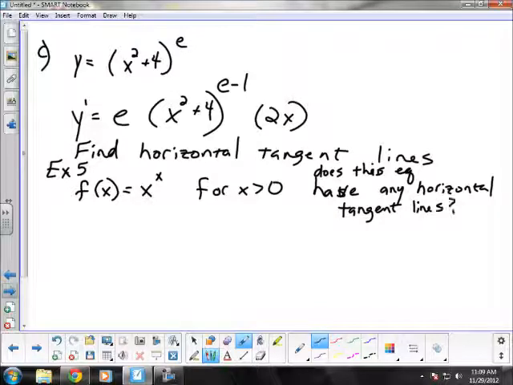So on a test, that's a possibility of a question. It's going to give you a function and ask you to determine whether or not this thing has any horizontal tangent lines. So, how do you decide that?